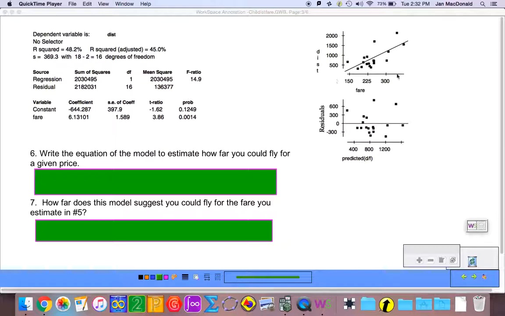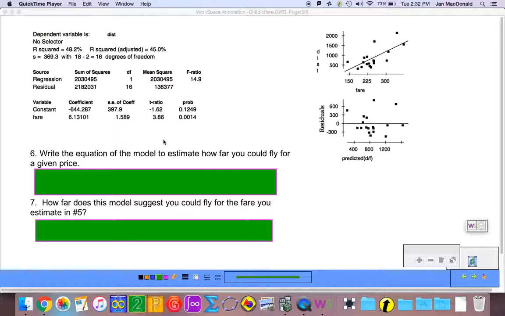So it's very important when you are reading the AP Stats test that you identify your x variable and your y variable. Also, you see here we have a bunch of information. This is called a computer output. On the AP Stats test, oftentimes when you're doing a linear regression problem, they give you this computer output.